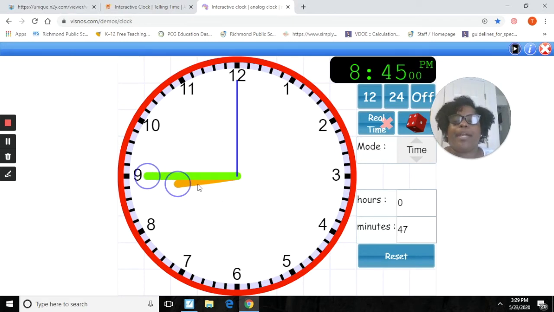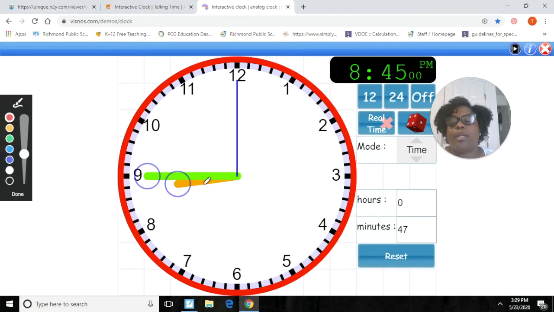Okay, here again. Why would I say this is 8:45? Because if we look closer at our hour hand, we see that that hour hand is not directly on that 9. And we're looking at the hour hand. You're going to start with the hour hand first when you're telling time, okay?